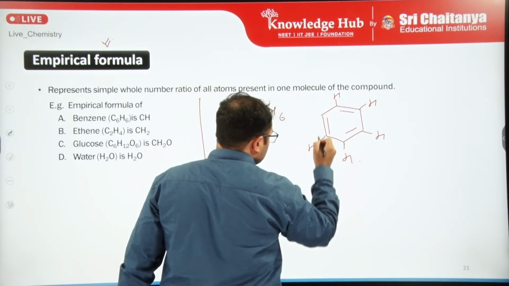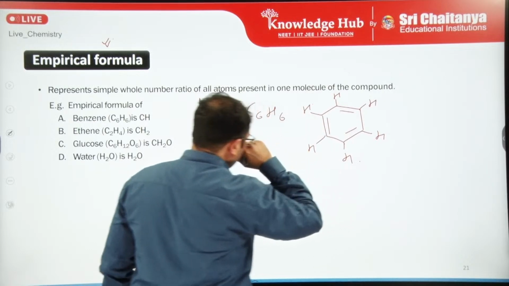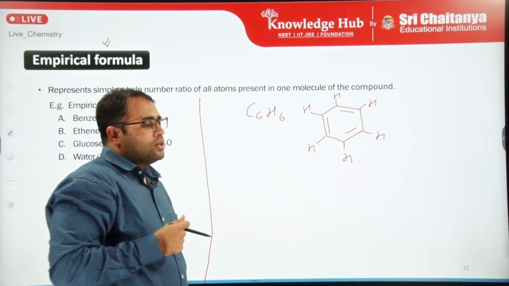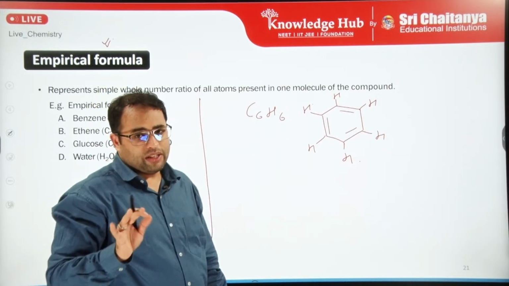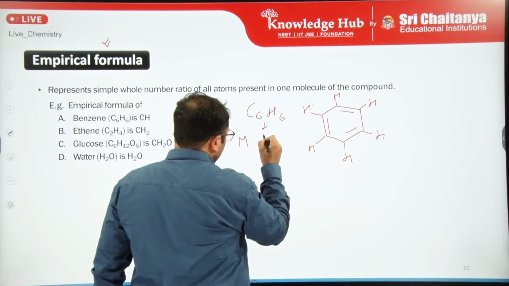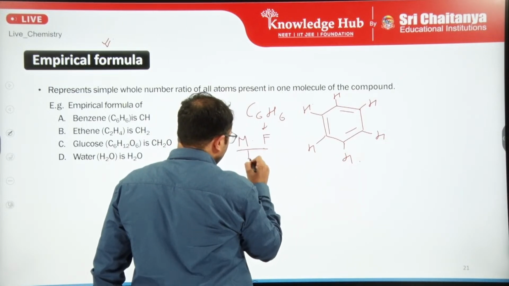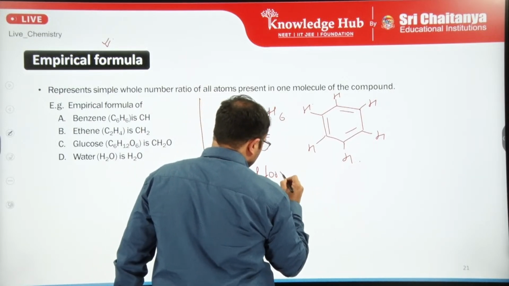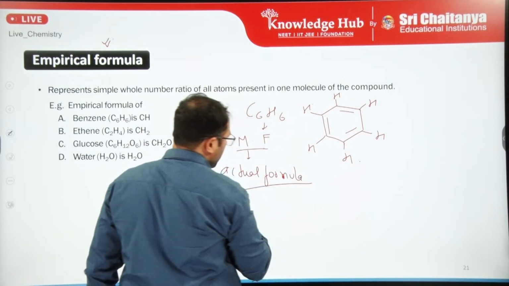You will have learned about it earlier. This is the molecular formula of benzene. This is the actual formula.